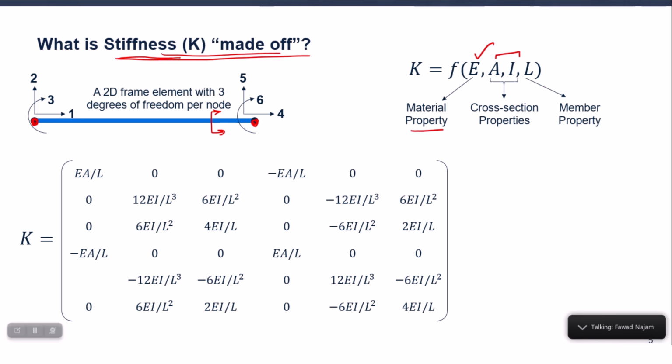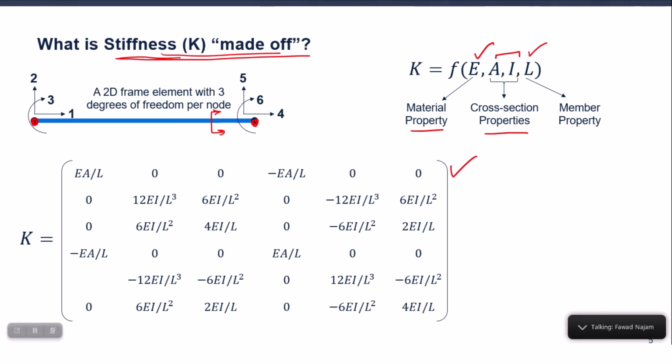For a rectangular cross section it is like BD cubed over 12. So, both of these properties are cross sectional shape properties, and finally the length of that element, which is actually the member property, how long that element is. So, you just need these 4 numbers to construct this K matrix for this one element.